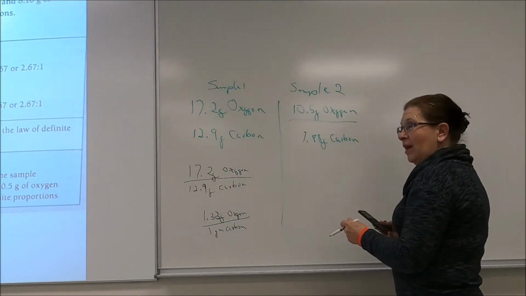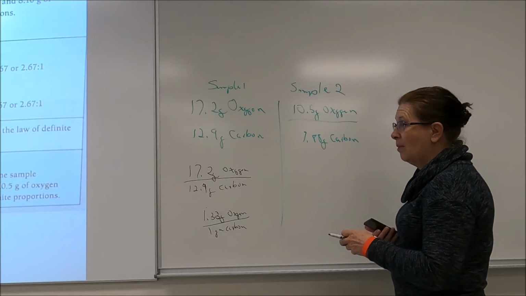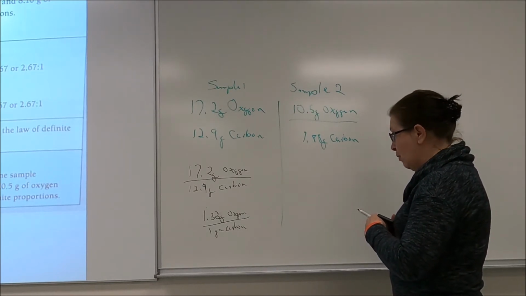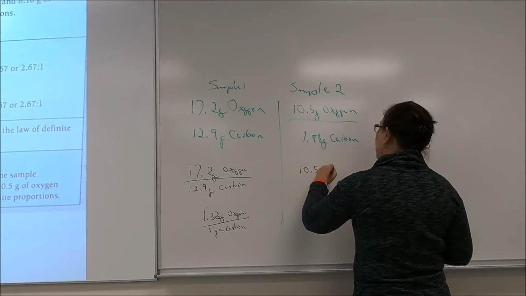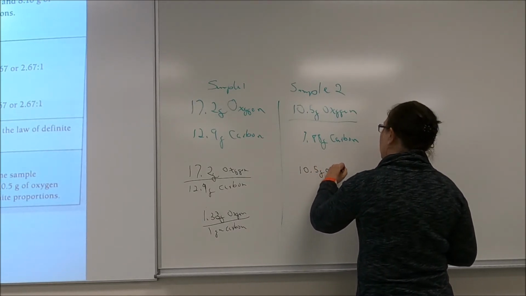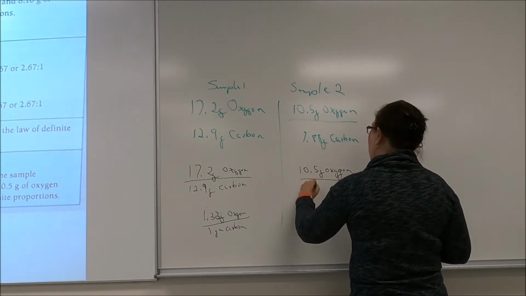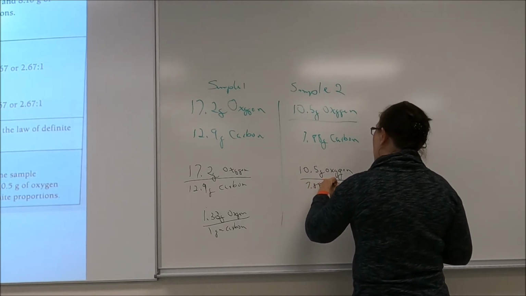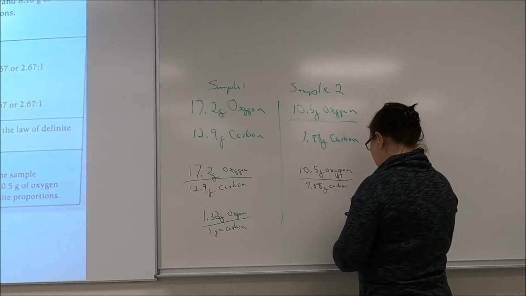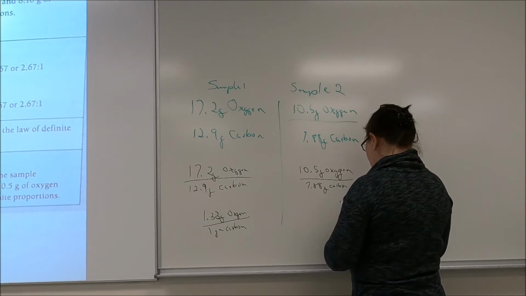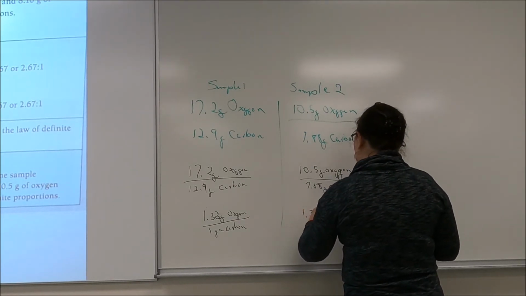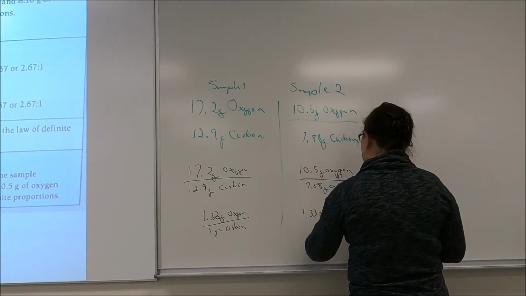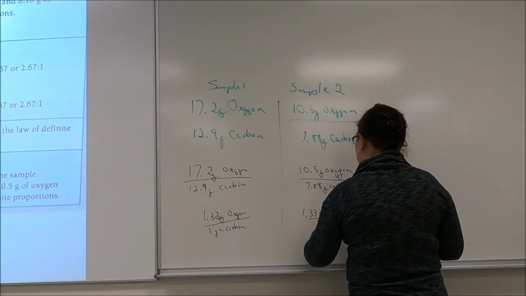Okay? Now, if the 2 samples are of the same compound, I should get the same ratio. So if I take 10.5 grams of oxygen and divide it by 7.88 grams of carbon, 10.5 divided by 7.88, I get 1.33 grams of oxygen for 1 gram of carbon.